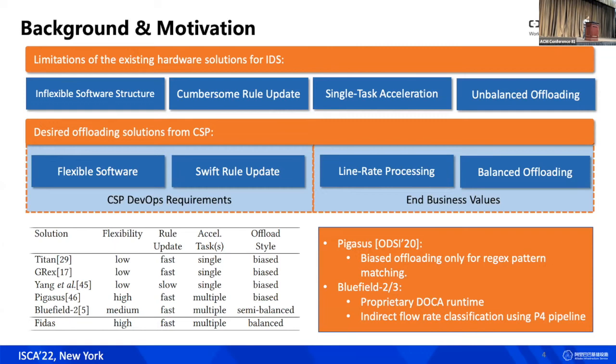And the BlueField 2 or 3 from NVIDIA requires a proprietary Docker runtime. And for DDoS or flow rate classification, they don't have direct acceleration. You probably need to do indirect classification using their P4 pipeline.